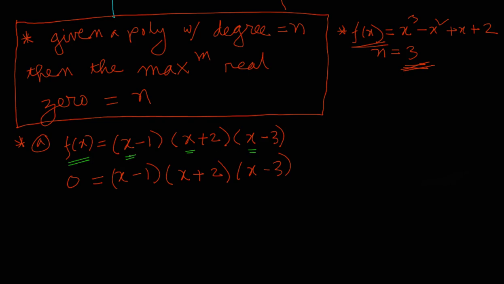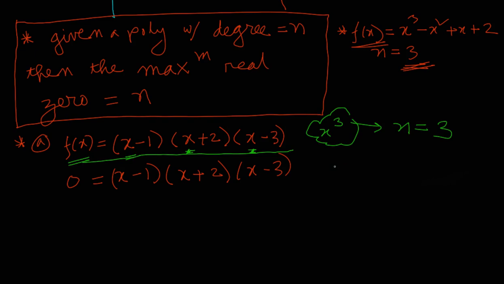If I multiply x by this x, it becomes x squared, and then if I multiply with this x, I get x cubed. So x cubed is my maximum term. What is my n? My n equals 3. So this is a third degree polynomial function.